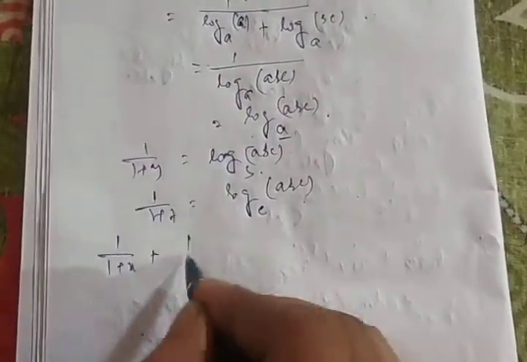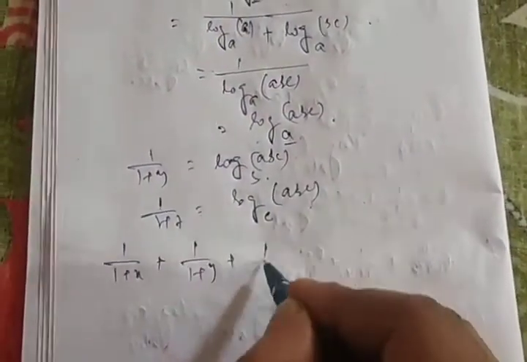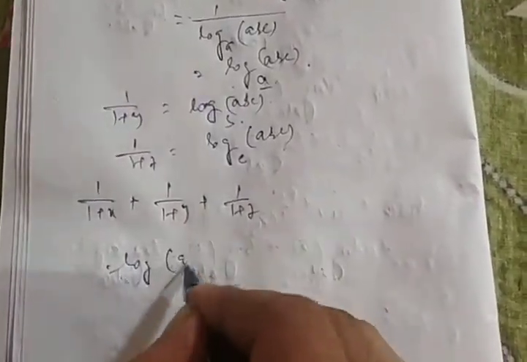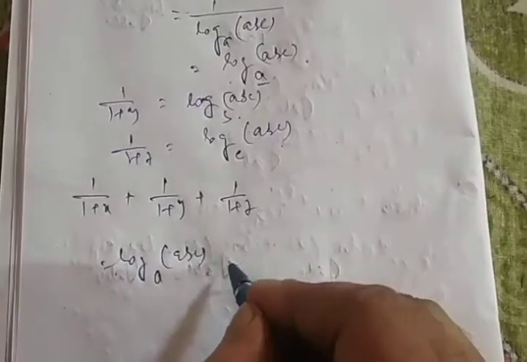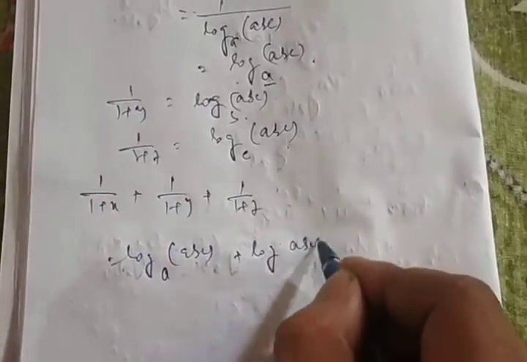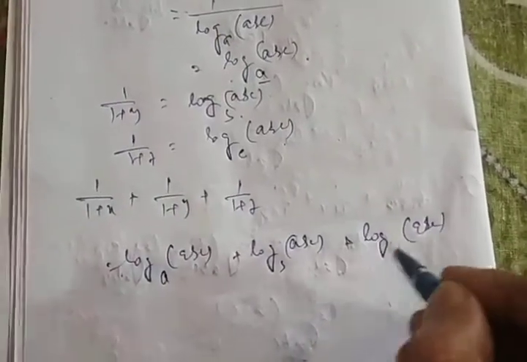So the value is 1 by 1 plus x plus 1 by 1 plus y plus 1 by 1 plus z, which equals log of abc with respect to base a, plus log of abc with respect to base b, plus log of abc with respect to base c.